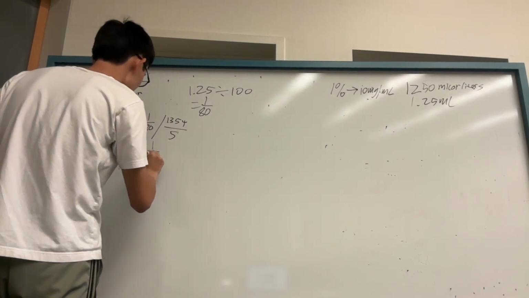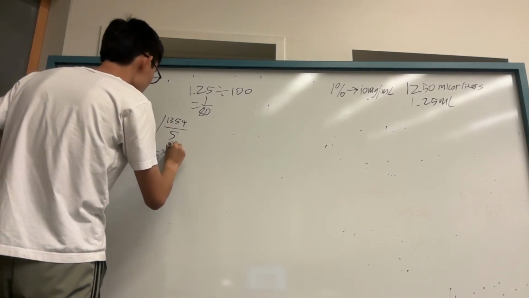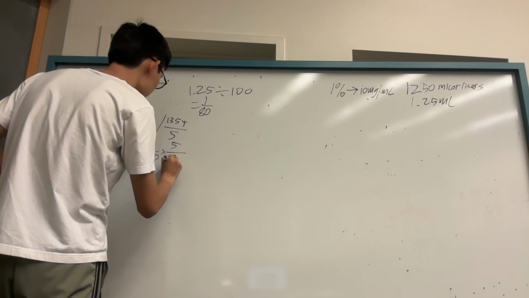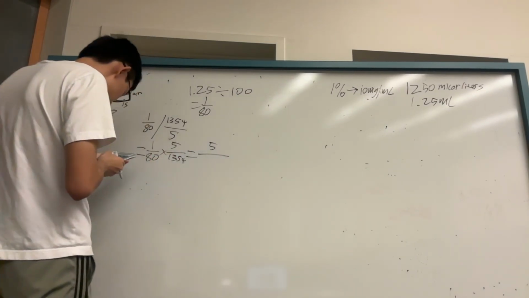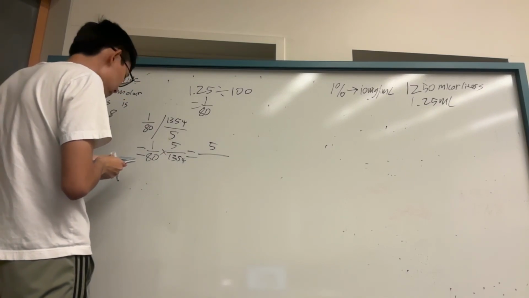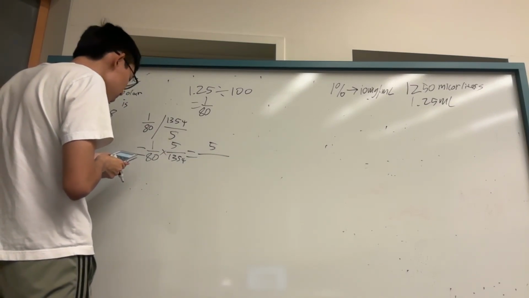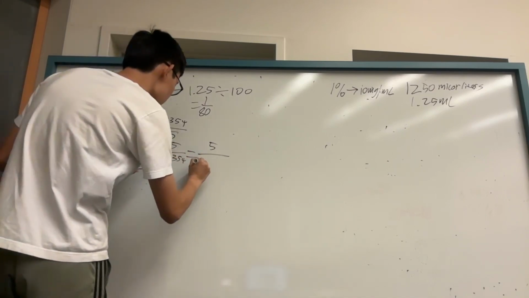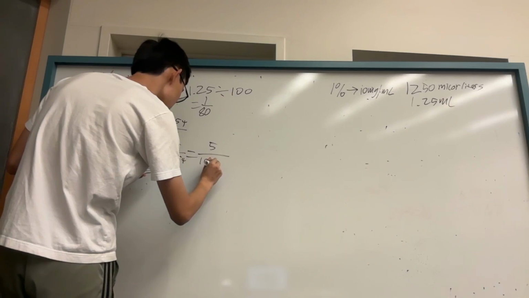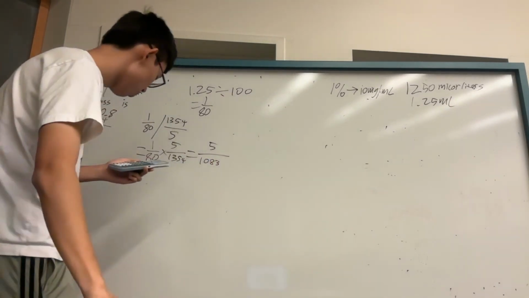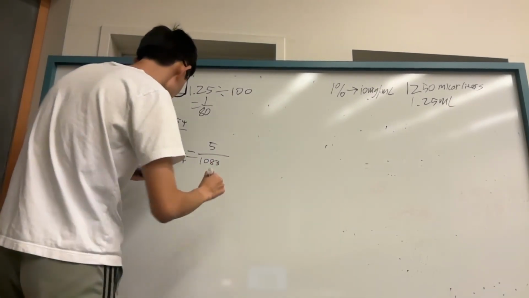So this is 1/80 times the reciprocal, which is 5, and 80 times... 108,320.